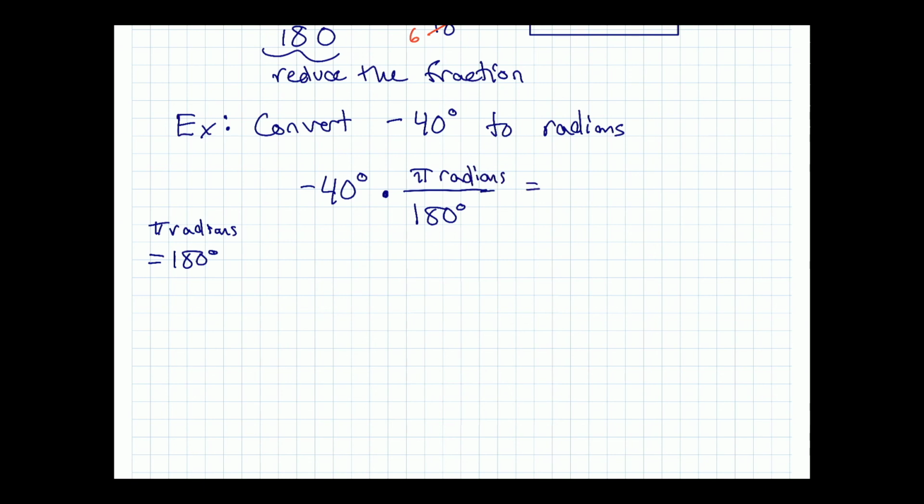So what do we get? Well, the degrees cancel. You get negative 40 pi over 180, and that's in radians. And then just like before, we're going to reduce this fraction. So we can, again, knock off a 0 there, divide top and bottom by 10 basically, get negative 4 pi over 18.